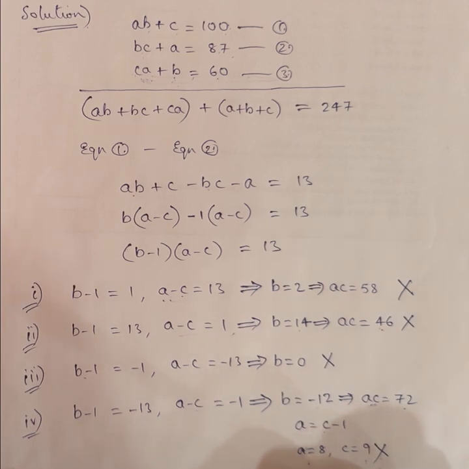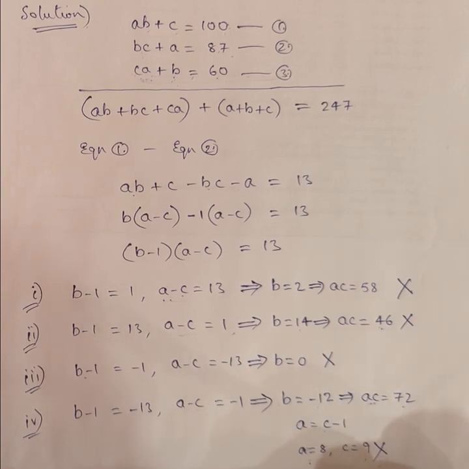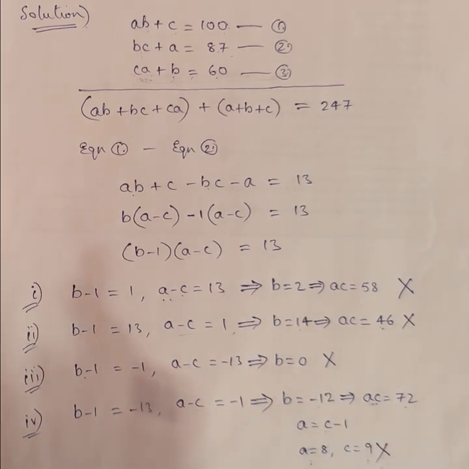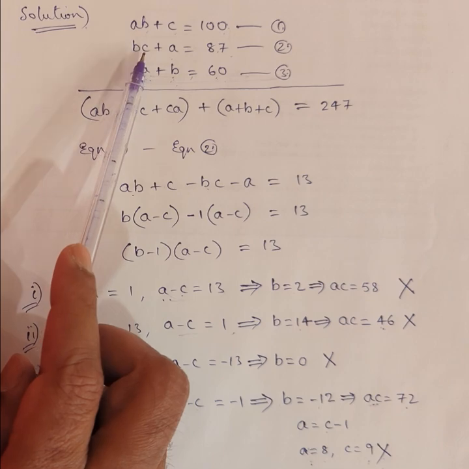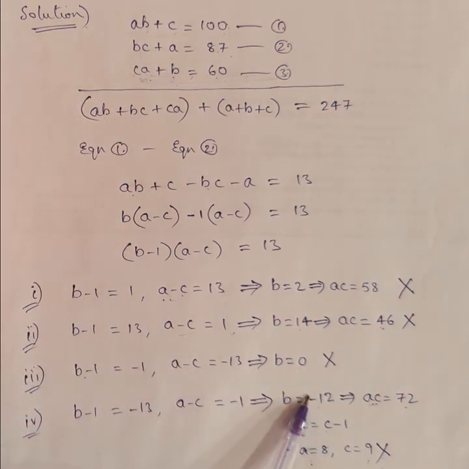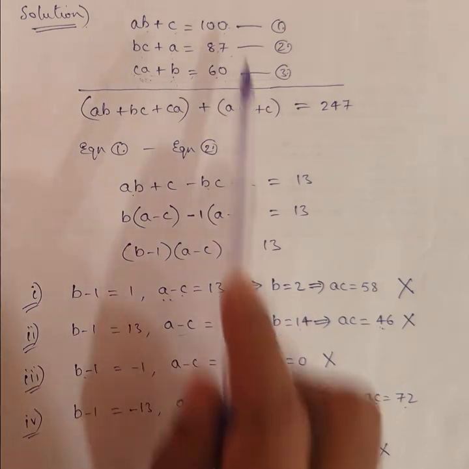Let's try again. a is 1 less than c, so a has to be negative 9 and c would have to be negative 8. Let's check this one. Will that work? a is negative 9, b is negative 12, c is negative 8. Negative 12 times negative 8 is 96 plus a, 96 minus 9 is 87.